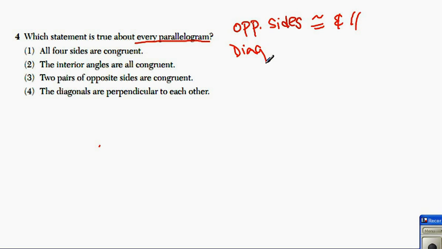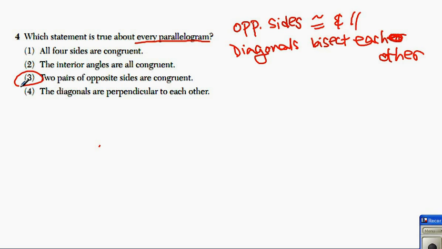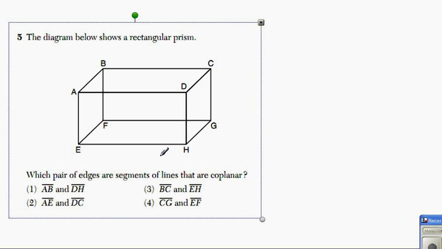Diagonals bisect each other, and also opposite angles are congruent. In this case, two pairs of opposite sides are congruent. I guess number 3 will be the correct answer. Yes, we do have one more, which is opposite angles, as I mentioned just now. Opposite angles are also congruent to each other. All right, number 5.